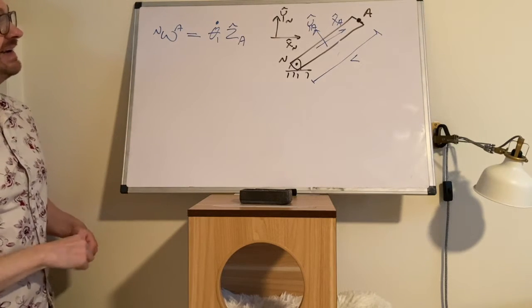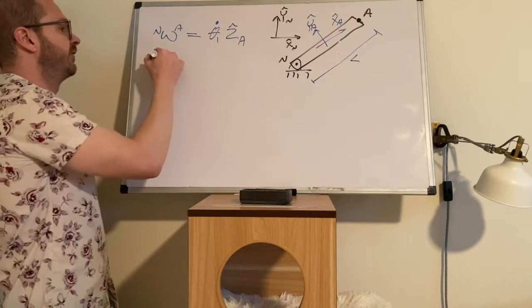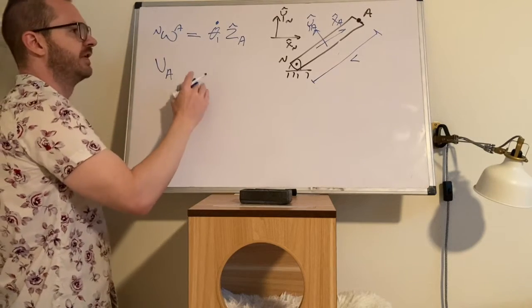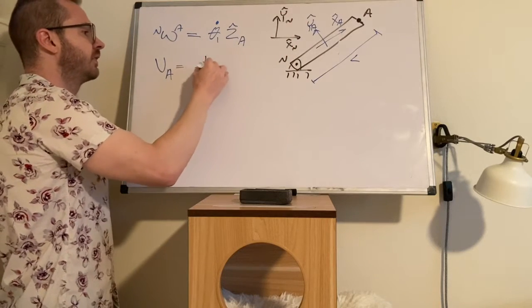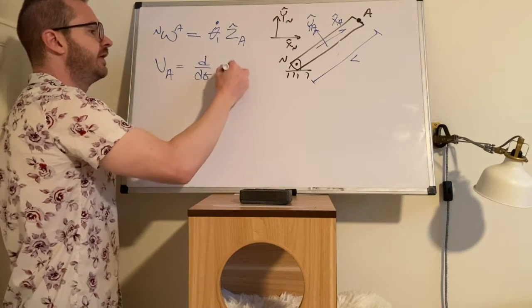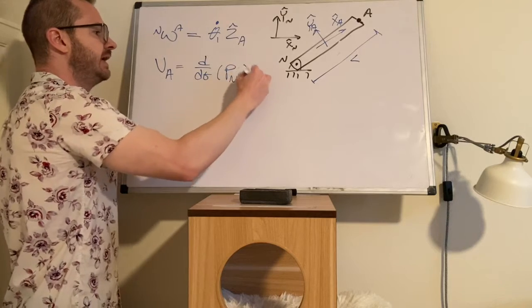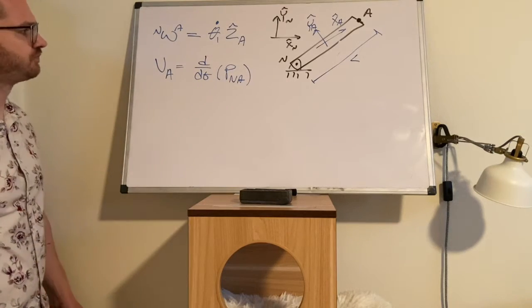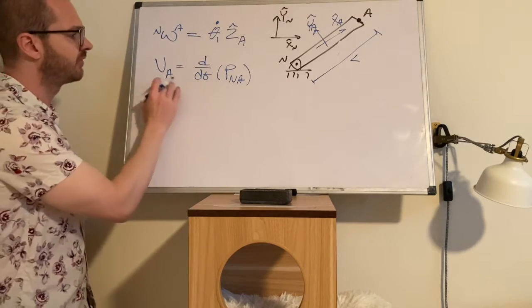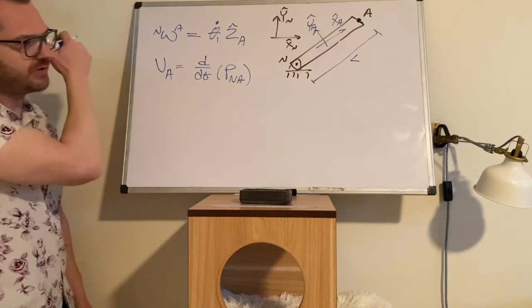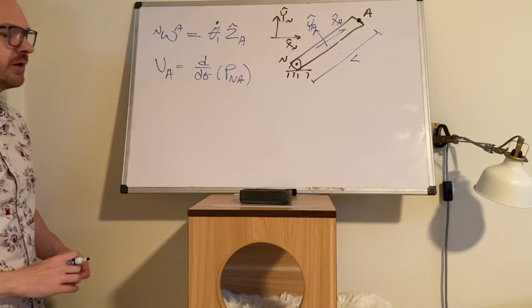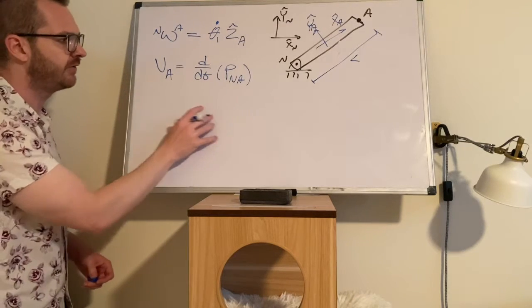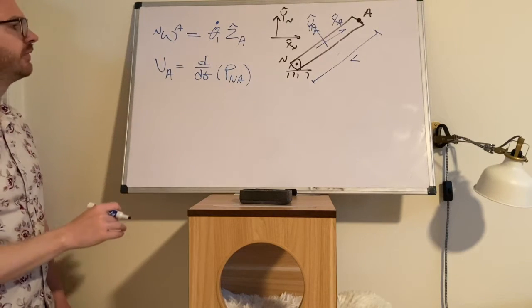Okay, next, linear velocity. So VA, I want the velocity of point A. What am I going to do? We're going to take the derivative of the position vector in to A. Now, when you're doing these problems, how much of these individual steps do you have to do? Not much. If you know what you're doing and you can dive right into the math, by all means do so.